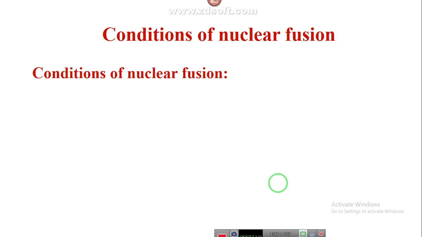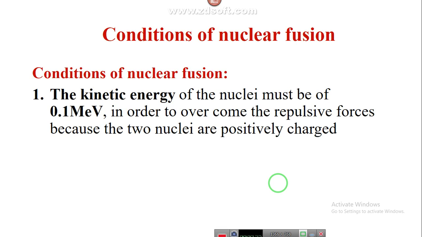Here, two small nuclei combine to form a heavier one. Conditions of nuclear fusion. First of all, the kinetic energy of the nuclei must be about 0.1 mega electron volt in order to overcome the repulsive forces between the two positively charged nuclei.